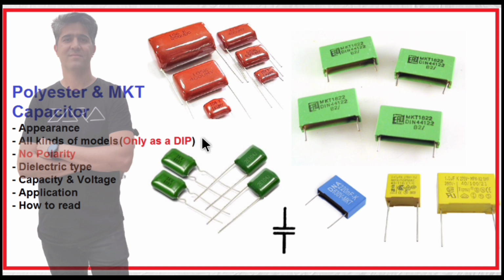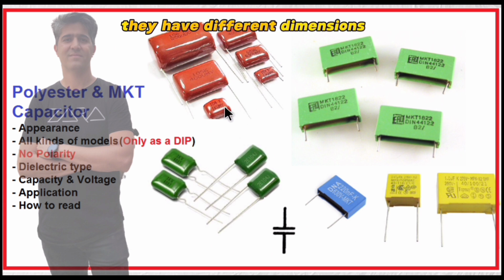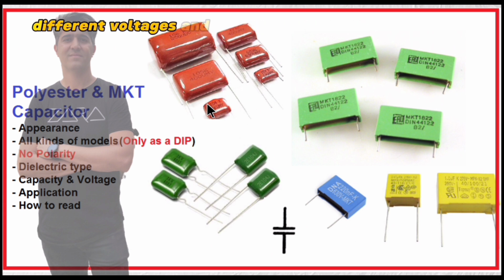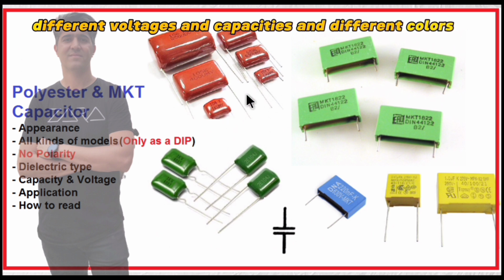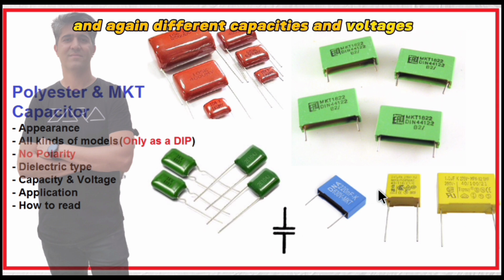The appearance of polyester capacitors is like this. They have different dimensions, different voltages and capacities, and different colors. The MCOT model is like this, a rectangular cube, and again different capacities and voltages.